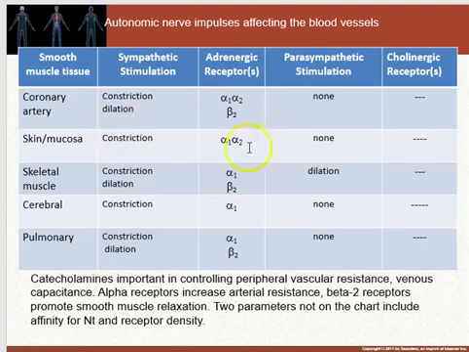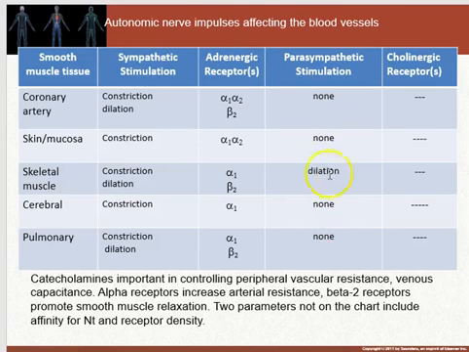So alpha 1 is primarily the constrictor, and beta 2 is primarily the dilator. That's kind of unique, because in other examples through the body, we have sympathetic stimulation producing one effect and parasympathetic stimulation producing the opposite effect.